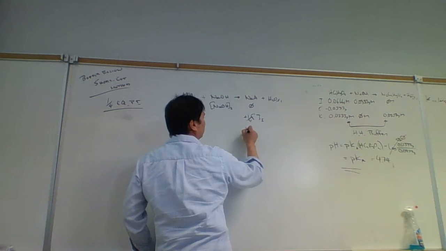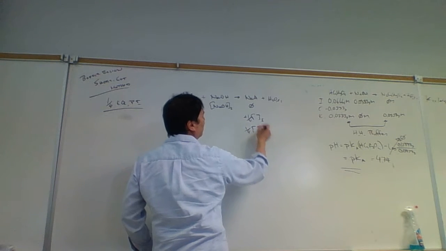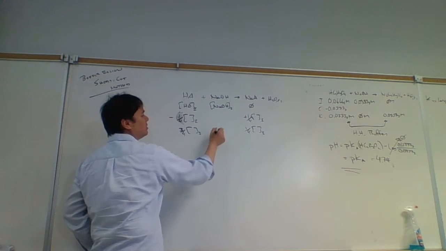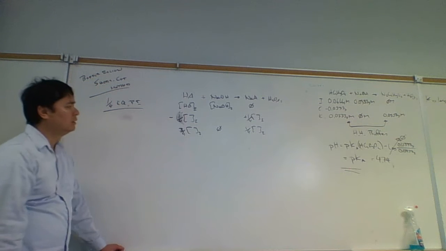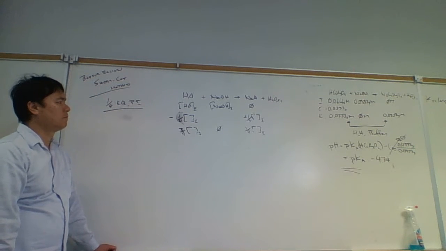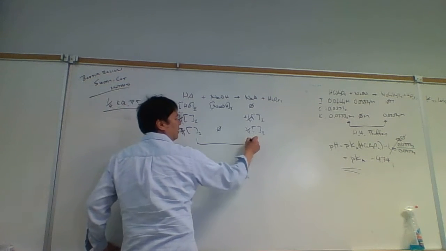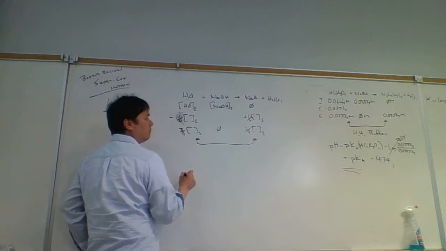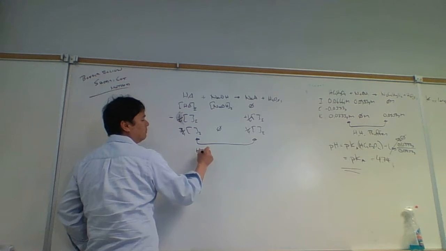This is going to give me the NaA concentration, and the sodium hydroxide is going to go down to 0 here. Now I see the ratio. This is an HH buffer.